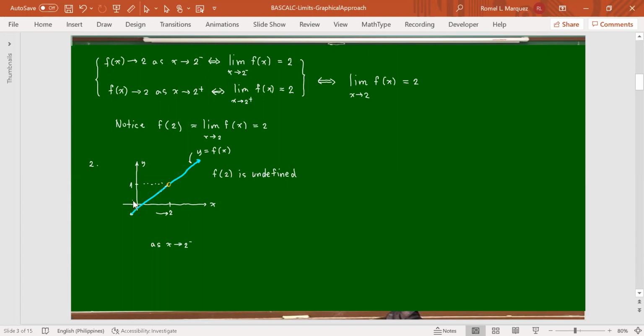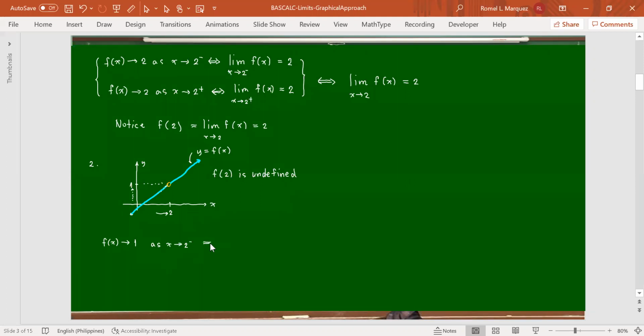Where do you think the function tends to go? It tends to go to what value as I travel very, very close to 2, but from the left of 2? Guys, f of x approaches what? What do you think? 1 po. 1, so f of x approaches 1 as x approaches 2 from the left.